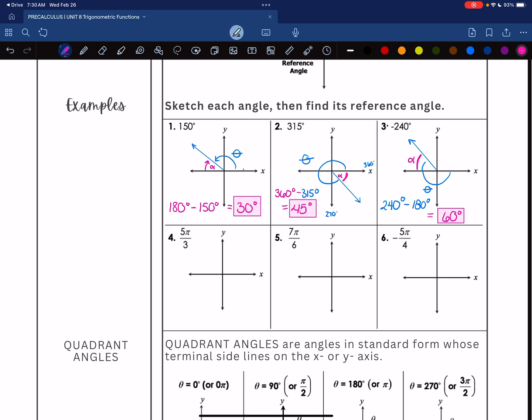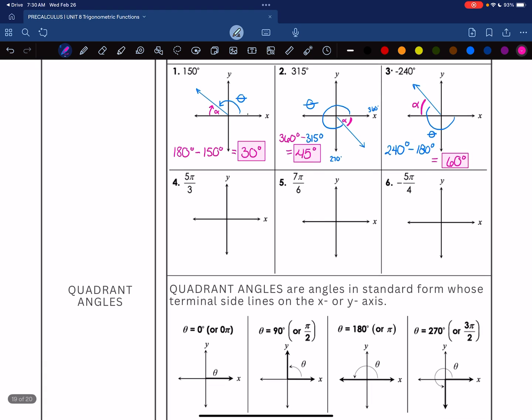Now, shifting gears and looking at radians. It may be helpful to take a moment here and sketch in the margin for yourself, just a reminder of what each of the axes will be in radian measure. Remember that this is 0.